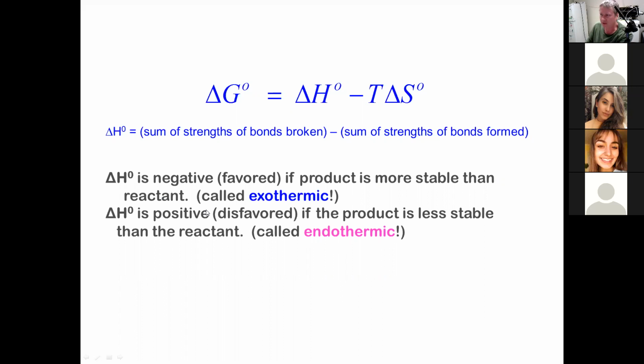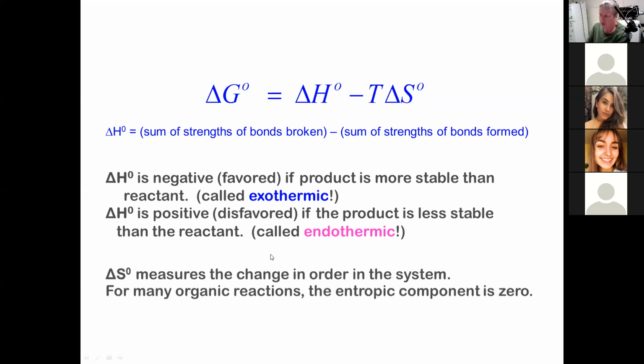Okay, so delta H and delta G will relate. Usually the entropy, the delta S, is not even important at all. In that case, you just say delta G is basically equivalent to delta H. Very often, the entropy just disappears. It's often a zero value.